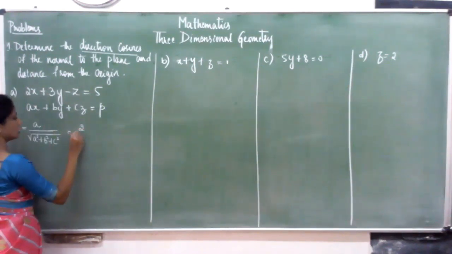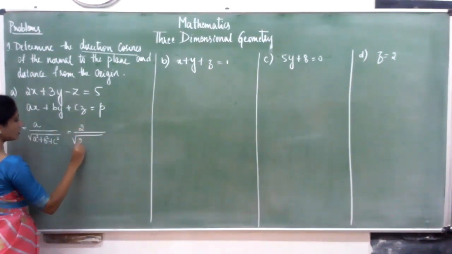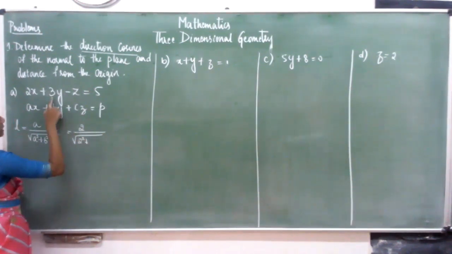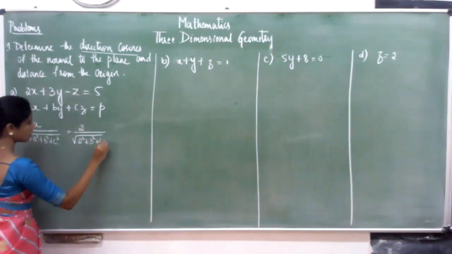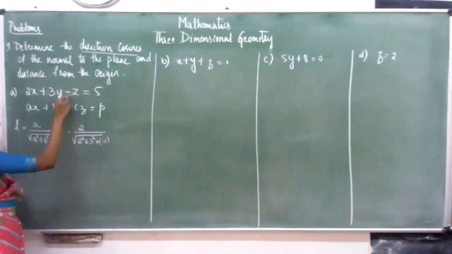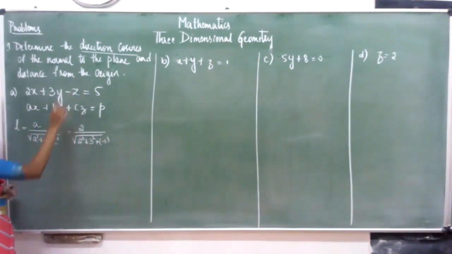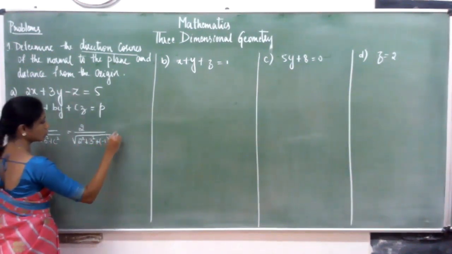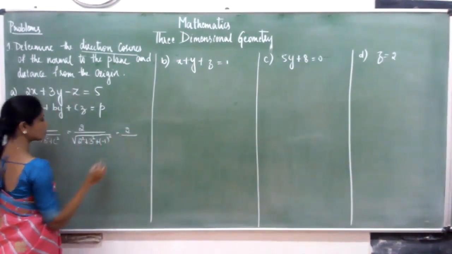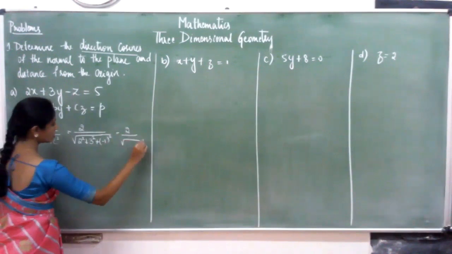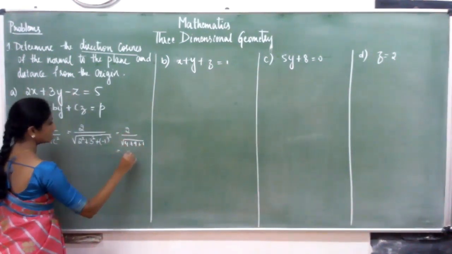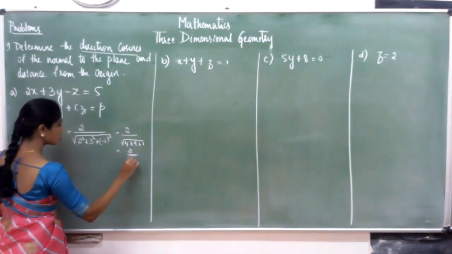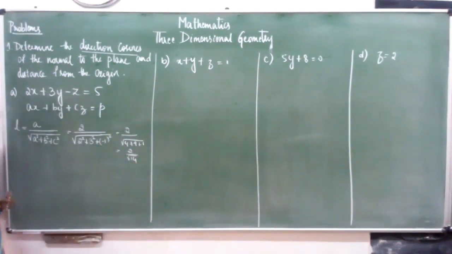It is 2, divided by root of 2 square plus B is 3, therefore 3 square, plus C is minus 1. The coefficient of Z in the equation is minus 1, so minus 1 the whole square. This gives 2 divided by root of 4 plus 9 plus 1. Therefore 2 divided by root 14.